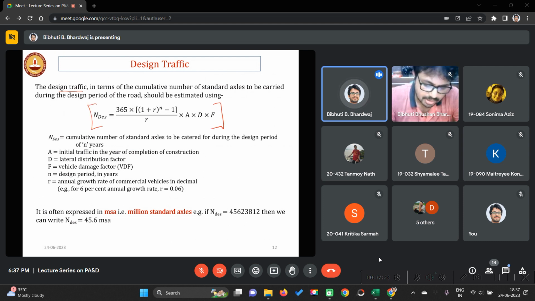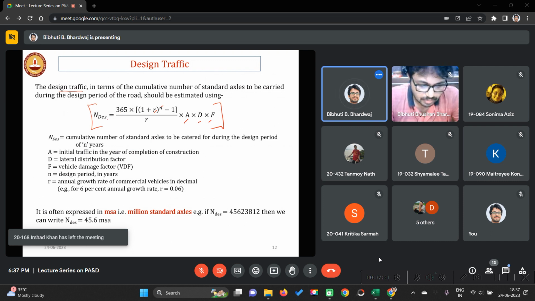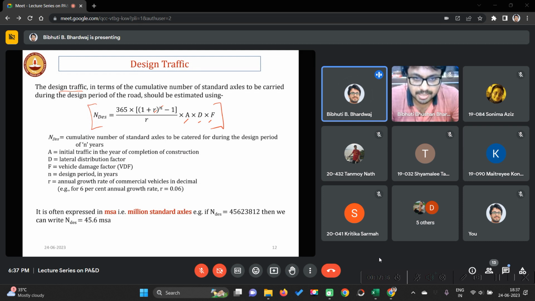In this formula there are many parameters. If you see this R, N, A, D, F. So what are these parameters? How these parameters are assumed or calculated, that we will learn in the next 15 or 20 minutes.